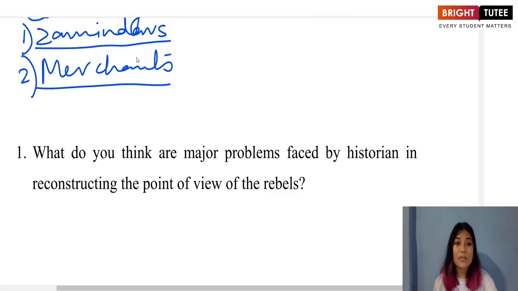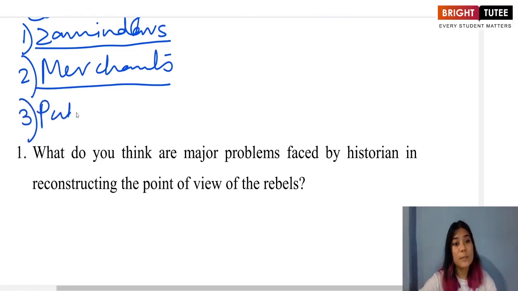So that also had led to the economic decline, and that angered them. So that was a difference in ideas which allowed them to rise against the British.